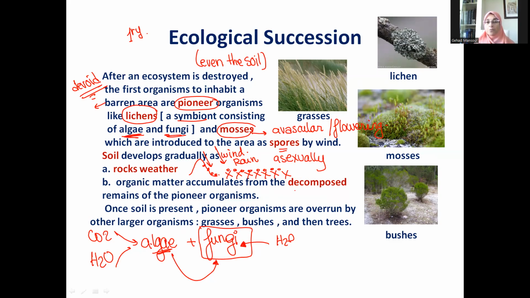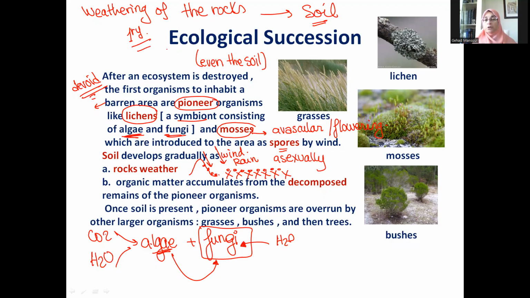So weathering of the rocks, you know, of course, what weathering is, is one major source of forming soil in the process of primary ecological succession, where we don't even have soil to start with. So this is number one: one of the important sources is weathering of the rocks.